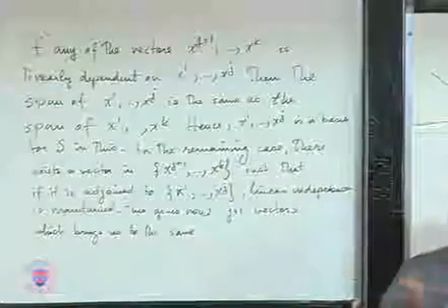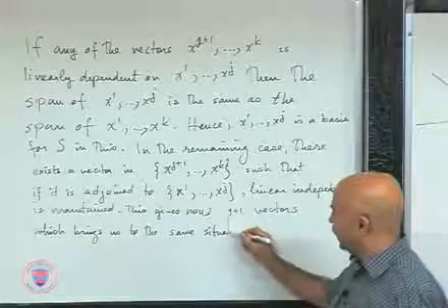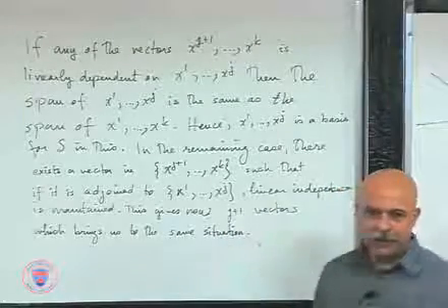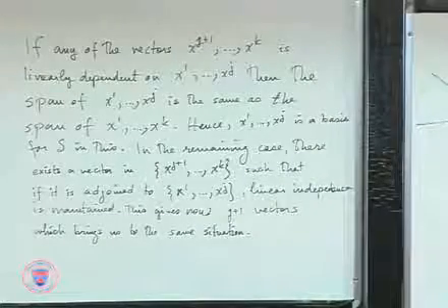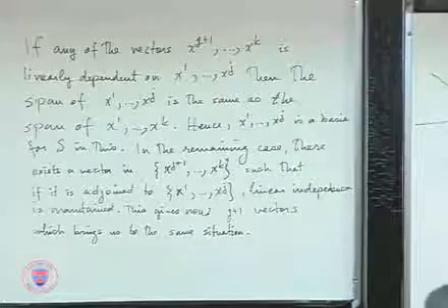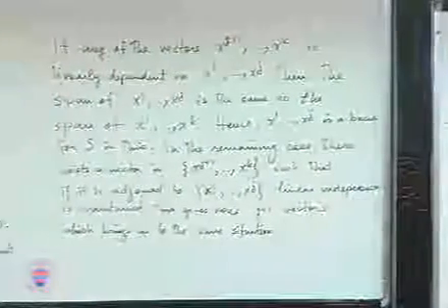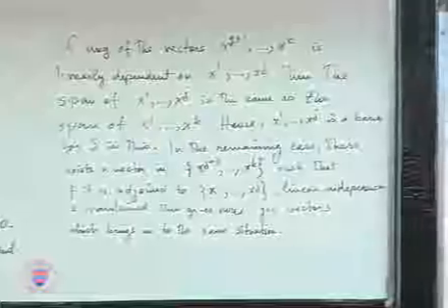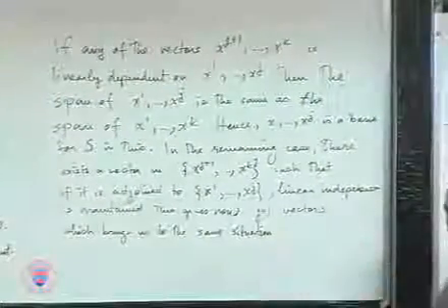Which brings us, of course, back to the same situation, except that j is incremented by 1 now. Okay? So you argue again, either the set of j plus 1 vectors on hand are linearly independent, and adding a new one to them will not preserve linear independence, or you just add one more.